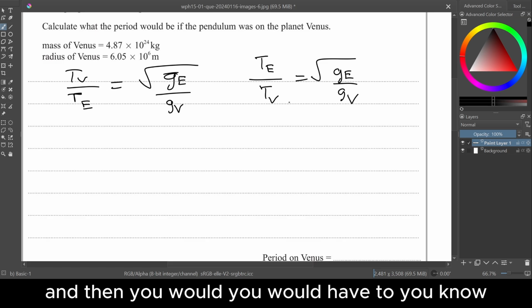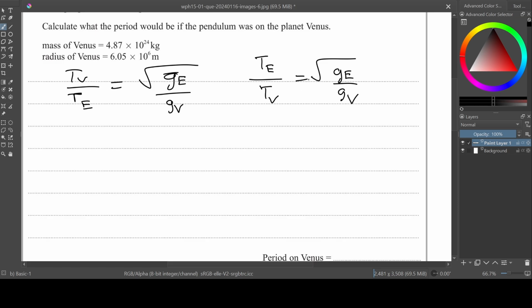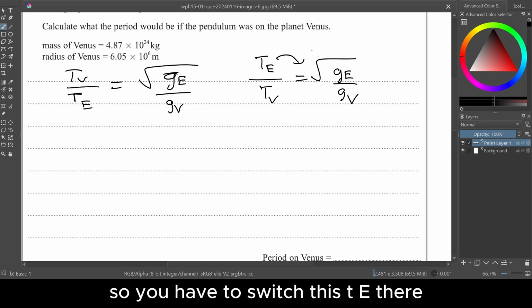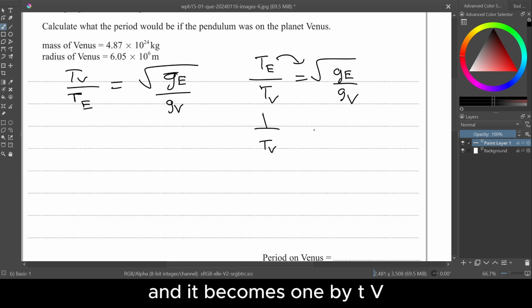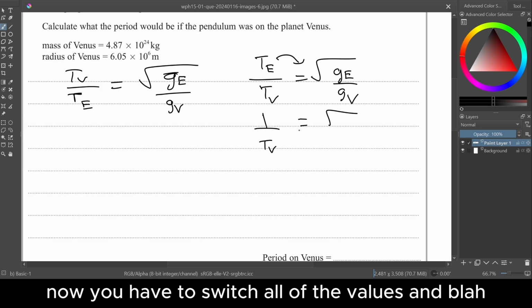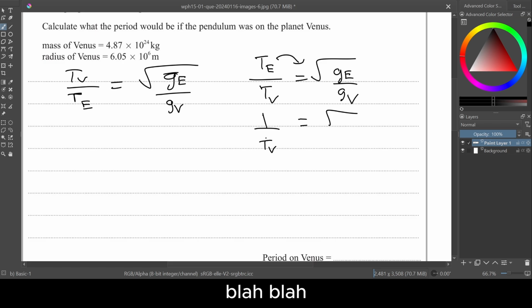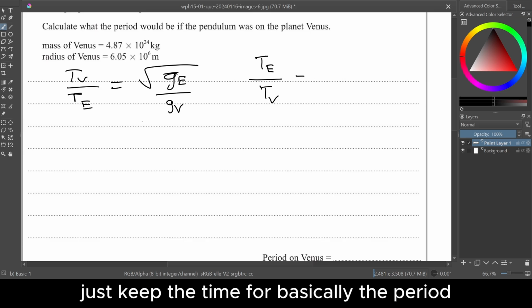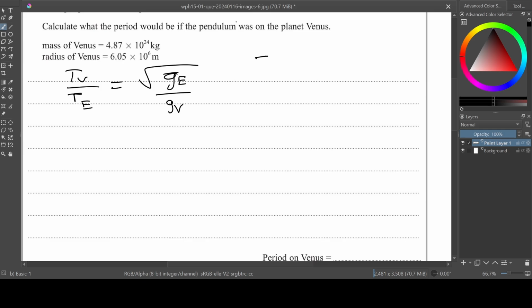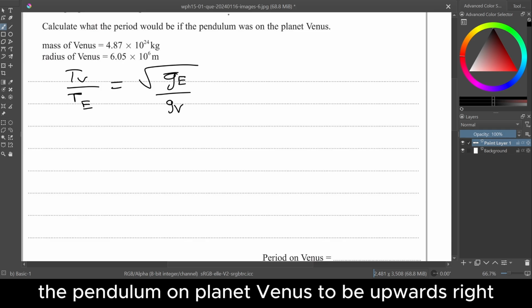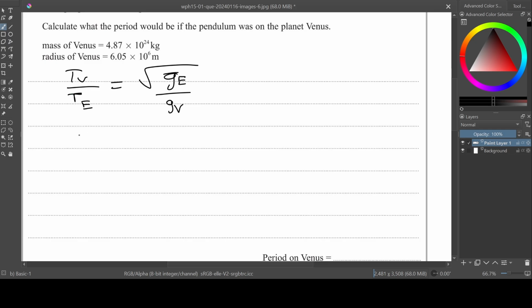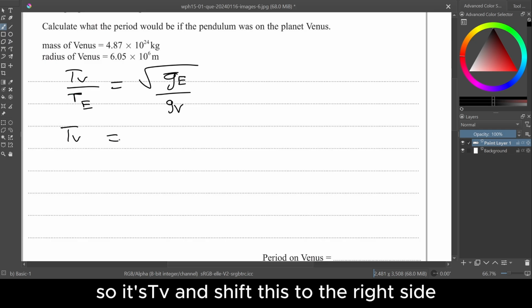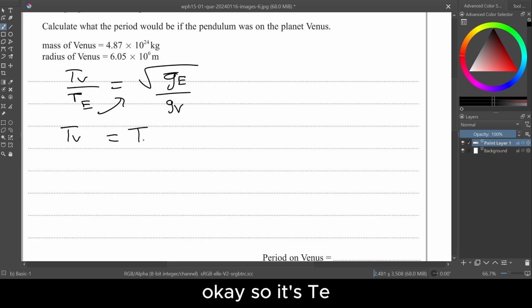And then, because you have the TE value and you want TV, you have to switch this TE there, and it becomes 1 by TV, and now you have to switch all of the values and so on. So it's a very long process. That's why I said just keep the period for the pendulum on planet Venus upwards, at the top. So now if you input the values, shift this TE to the right side.